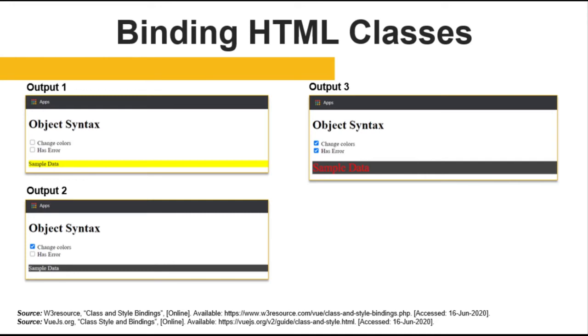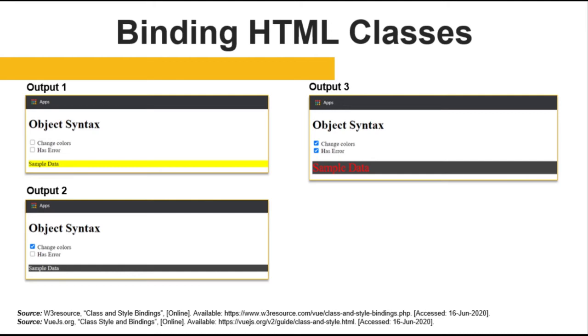Output 1 shows that if both isActive and hasError are equal to false, the static class will be applied, having yellow as the background color. Output 2 shows that putting a check to the change colors checkbox will set isActive to true, therefore applying the active class, which sets the font color to #EEE and background color to #444.